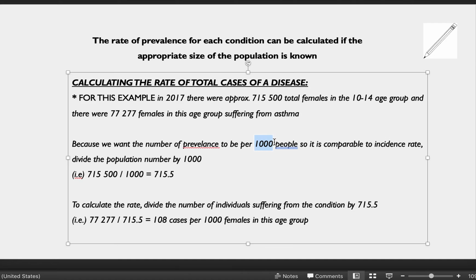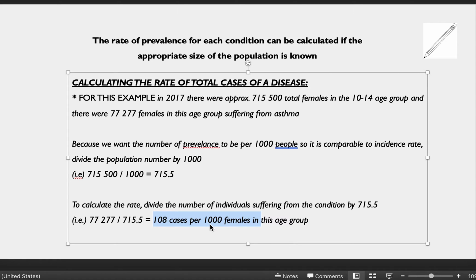Because we want this answer to be per 1,000 people, so it's comparable to the incidence, we're going to take the total number and divide by 1,000 people, and we get given this midway point number, which again doesn't really make sense yet. And then we take that number of actual cases and we divide it by the number per 1,000, and we end up finding out the exact number of cases per 1,000 at the end of that year.